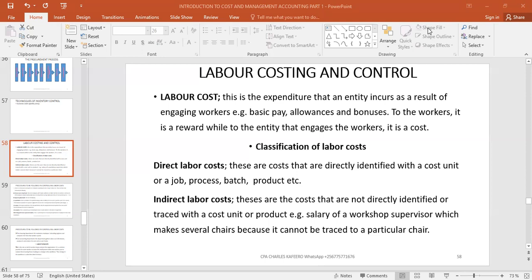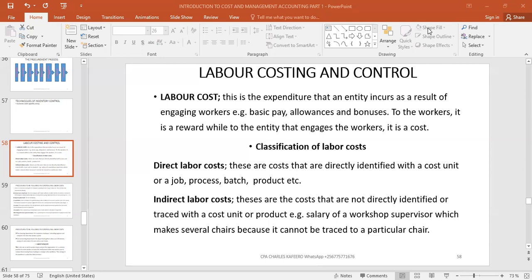Or those are the costs which can be identified on a given product or cost center or a process. But the indirect costs are incurred in the production, but they cannot be easily traced on the final product.